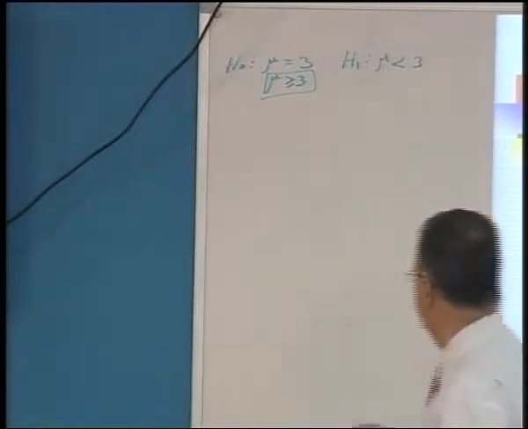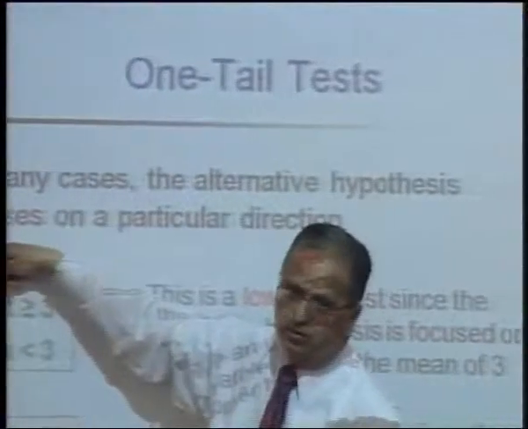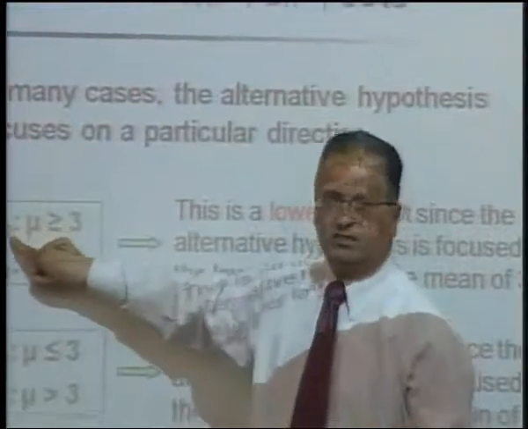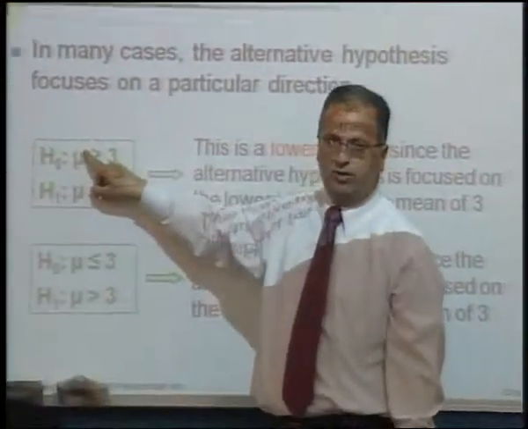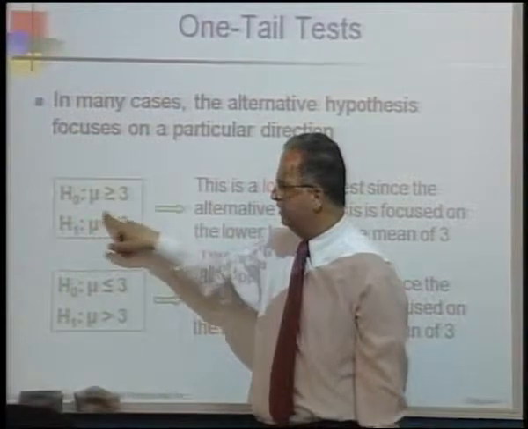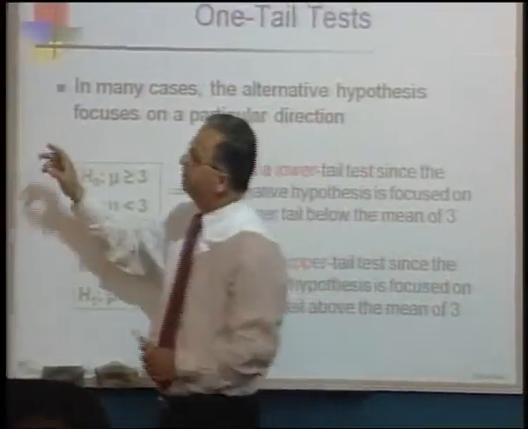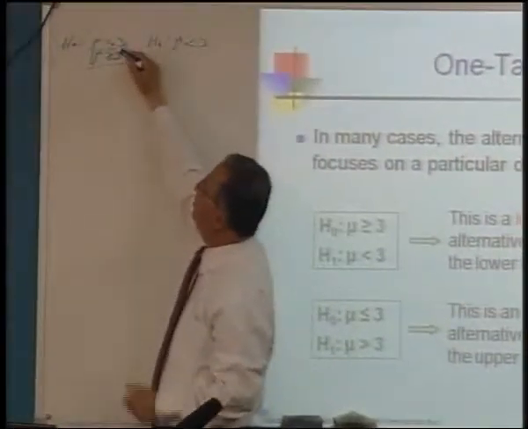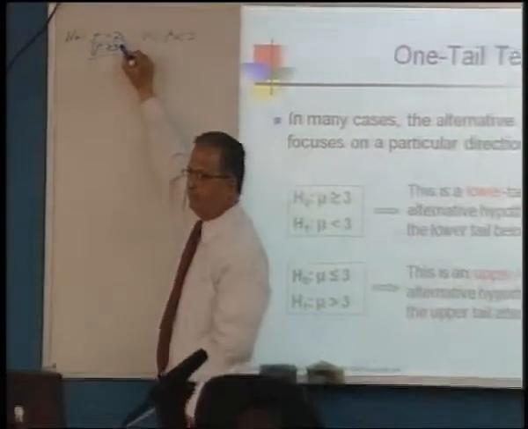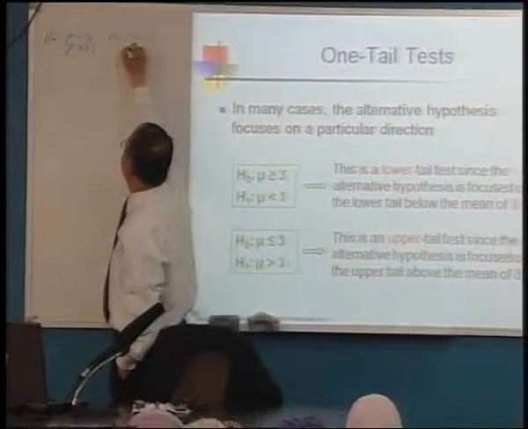It's better to use this notation because, as we know, H1 is the opposite of H0. So if under H0 we have mu greater than or equal to 3, then the alternative hypothesis could be mu smaller than 3. But just to use simple notation, we may write mu equals 3 against the alternative hypothesis.